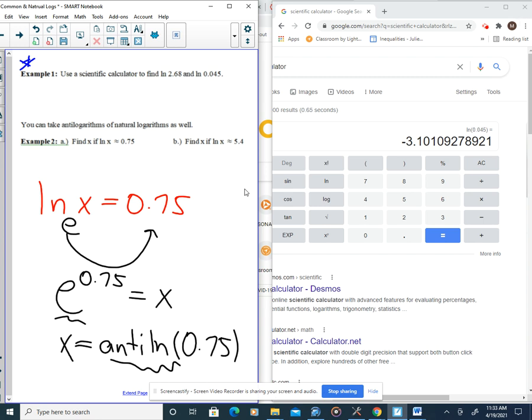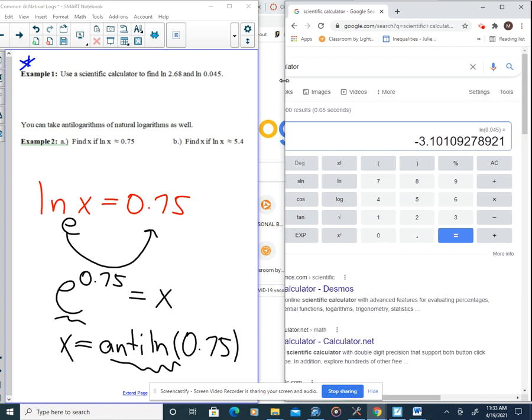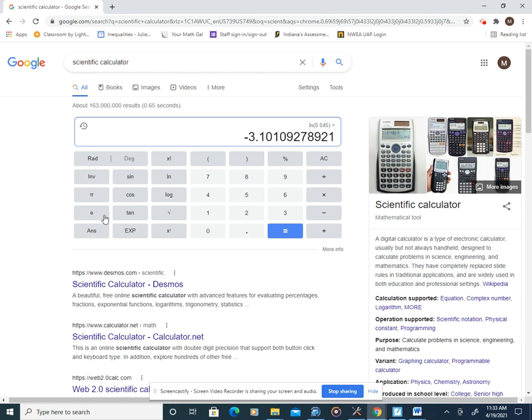So does our calculator have the number e on it? Let's hope so. Oh, right there it is. So we are going to clear our answer at the e, and then just like we took 10 to a power, we're going to use this button right here.